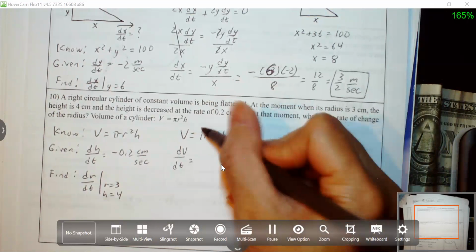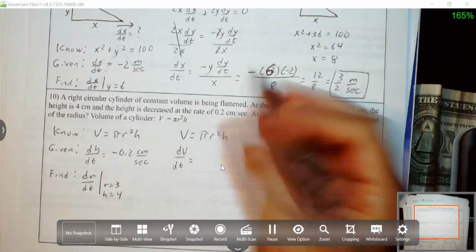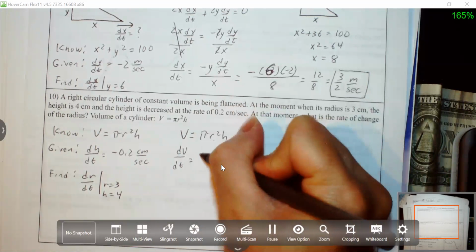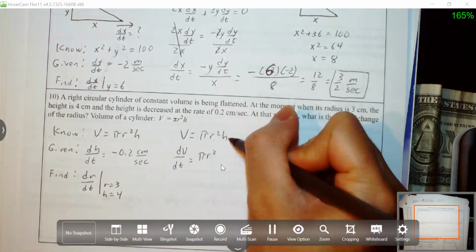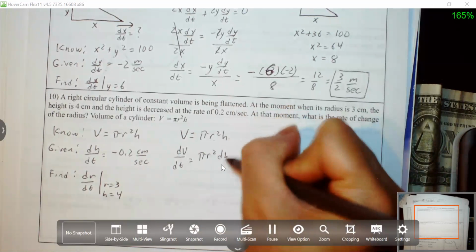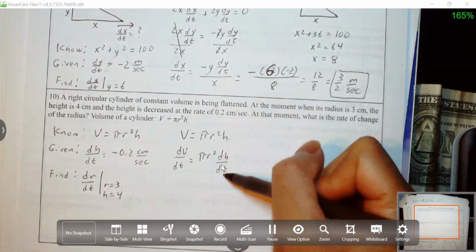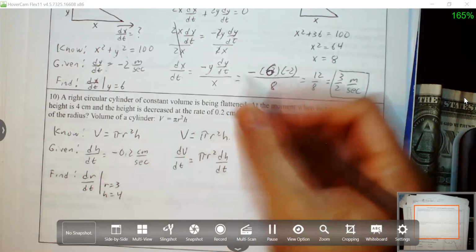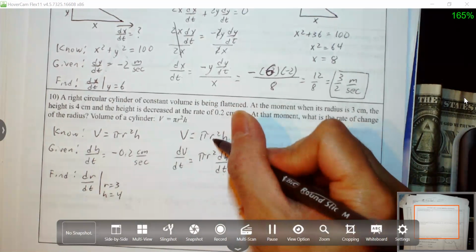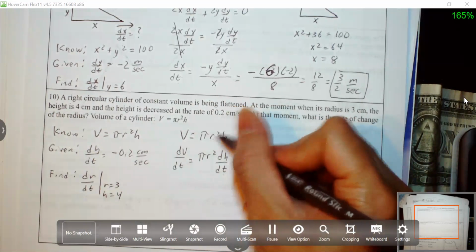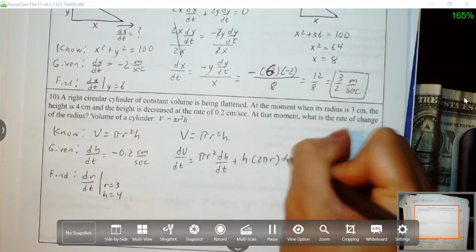So this is my first function pi r squared and my second function is h. So it's going to be pi r squared, the first, times the derivative of the second. The derivative of h is dh/dt, because the derivative of h is 1, but don't forget we're differentiating with respect to t, plus the second function times the derivative of the first. The derivative of the first is a power rule, so it's going to be 2 pi r dr/dt.